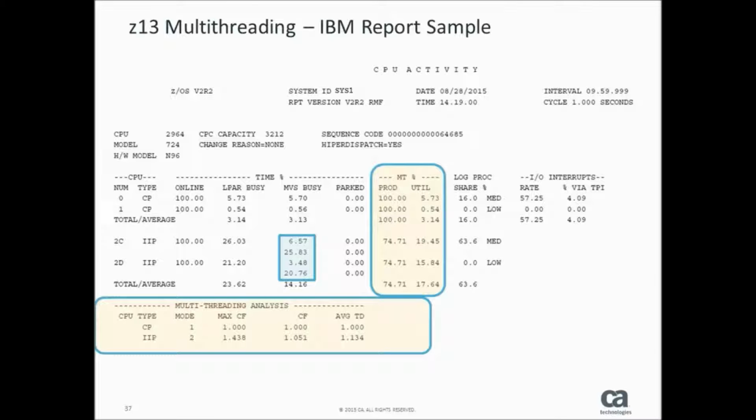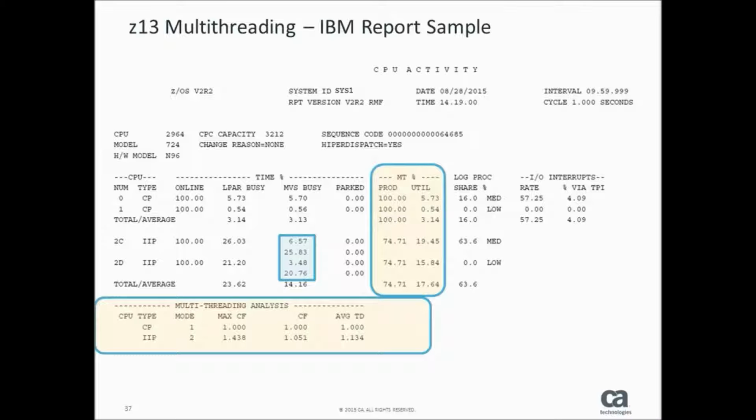In this case, IBM is saying you can get 1.438 productivity maximum. That means basically 144% of workload throughput than you could if you were running single-threaded. That's the maximum potential. The CF is what you actually achieved.